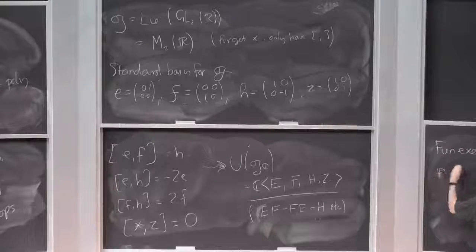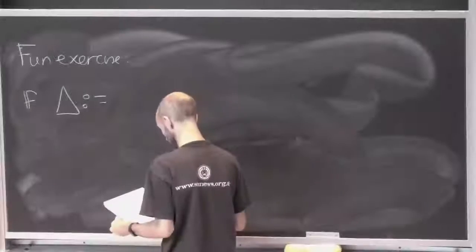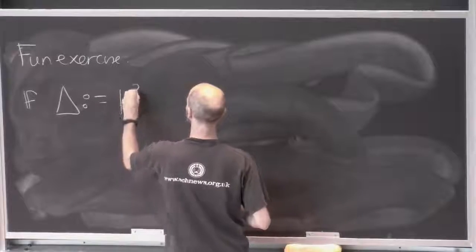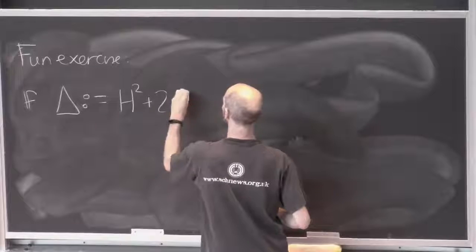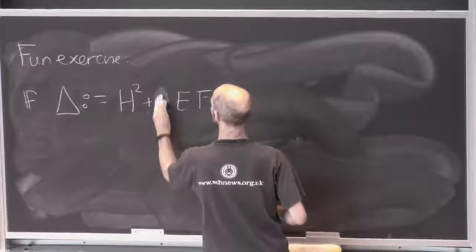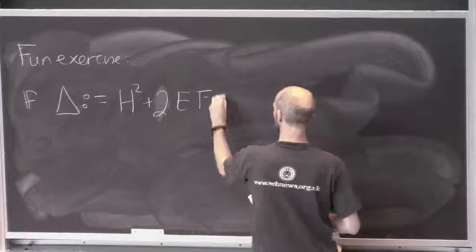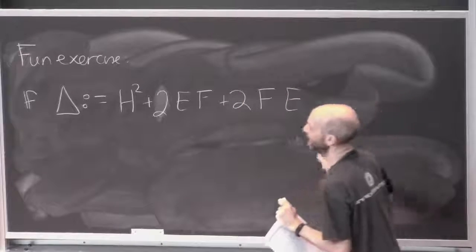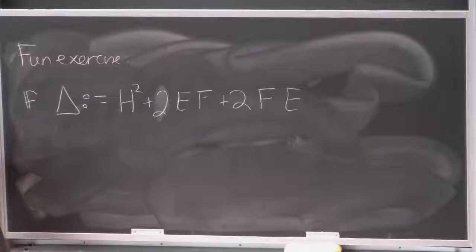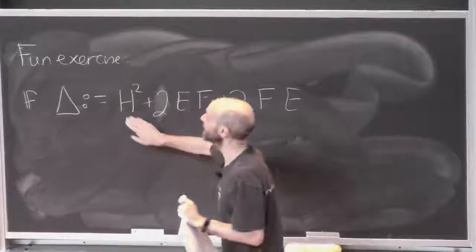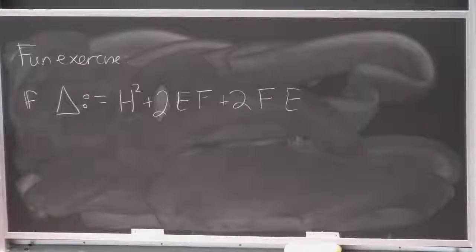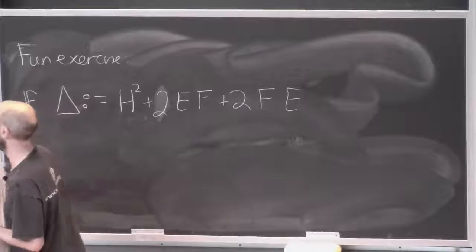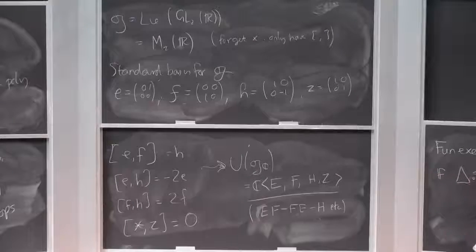If I define triangle to be H squared plus 2 times EF plus 2 times FE, then that is an element of this ring here. And as I say, I really want to stress, H squared is nothing to do with the matrix little h squared. H is an abstract variable in this ring, and H squared is another abstract variable in this ring. So there's a random second order differential operator.